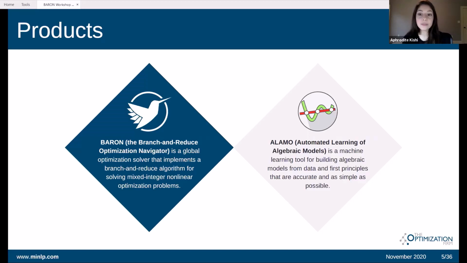We have users from more than 100 universities and over 30 companies who are turning data into real insights with Alamo. If you're interested in learning more about Alamo, please attend our 30-minute technology tutorial today that will be live from our booth at 2:35.